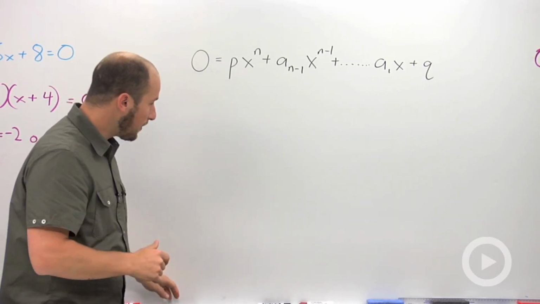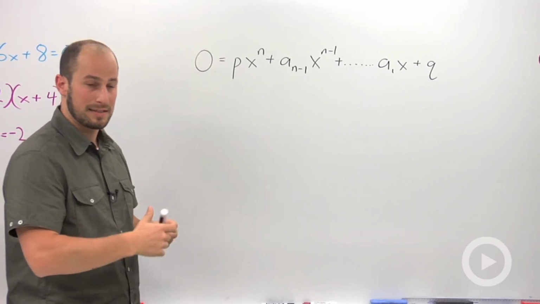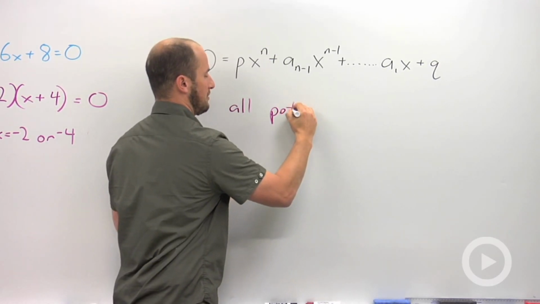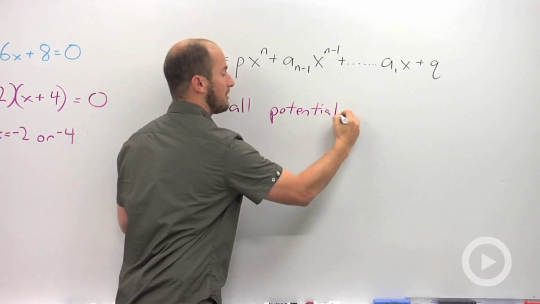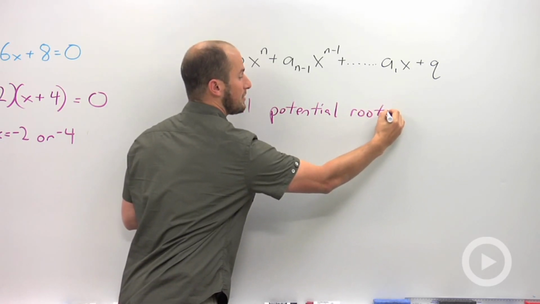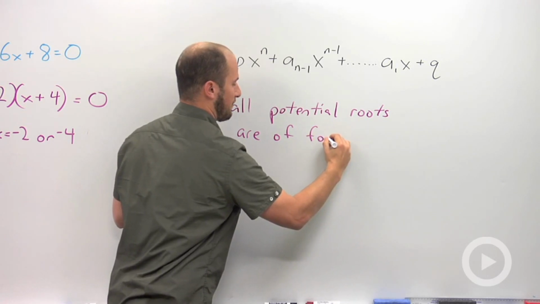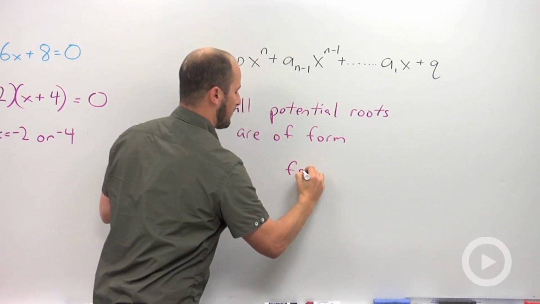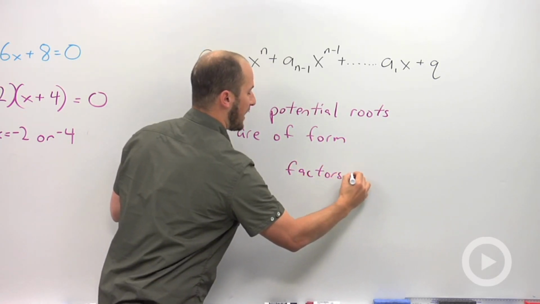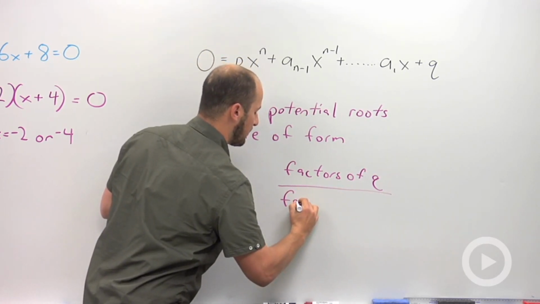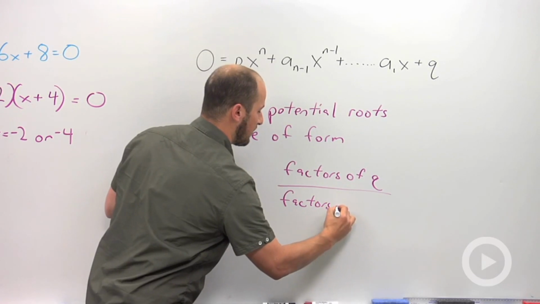Okay. And what the rational roots theorem says is that all potential factors, or all potential roots, all potential zeros, are of the form factors of q over factors of p.